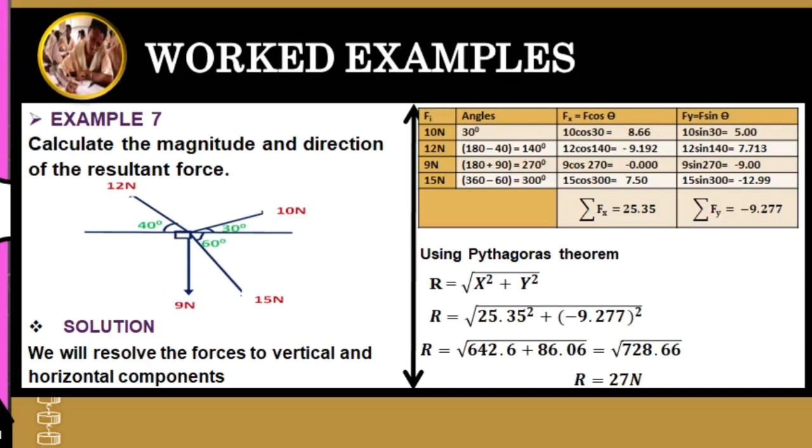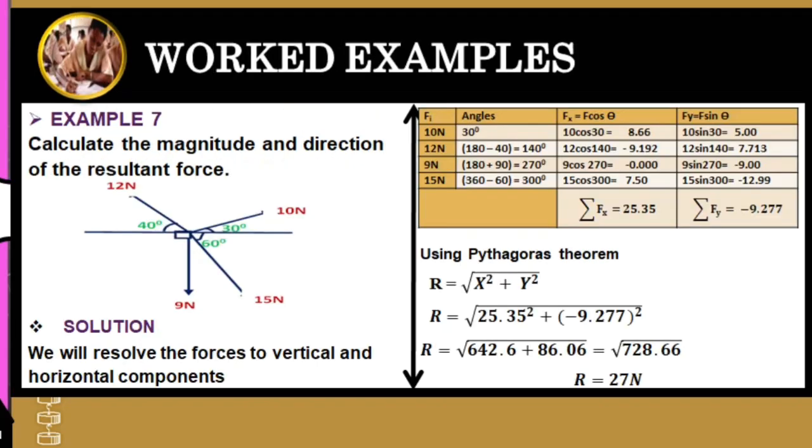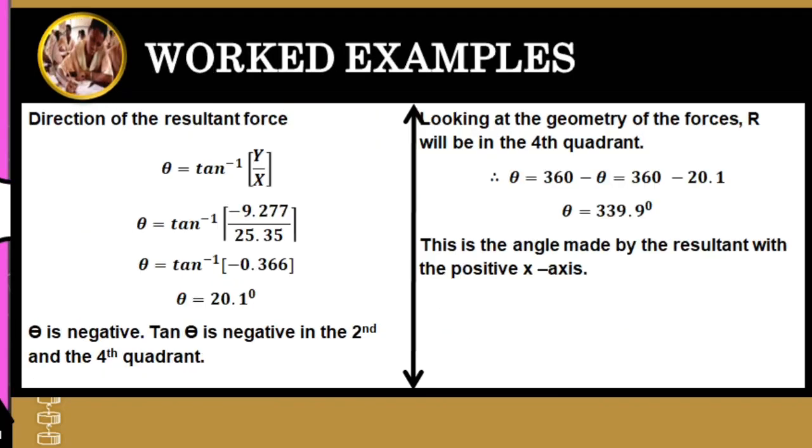By the time we do that, we resolve them into vertical and horizontal components. After that, we find the resultant force. Then after getting the resultant force, we get the direction of the resultant force.